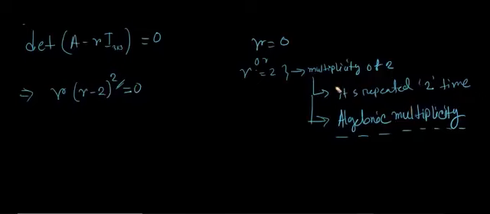But here you can see that 0 has a multiplicity of 1. That means it's not been repeated, so it has an algebraic multiplicity of 1, and associated with 0 will be one eigenvector, and that means the geometric multiplicity is also 1. However, since r equals 2 has been repeated 2 times, we expect that there will be 2 eigenvectors associated with it. So let me just summarize this.